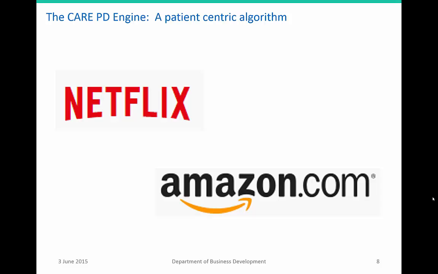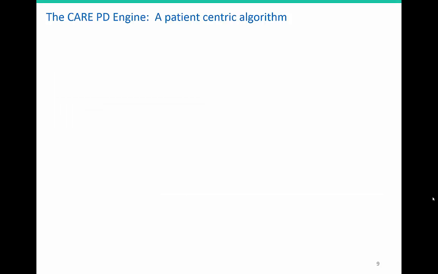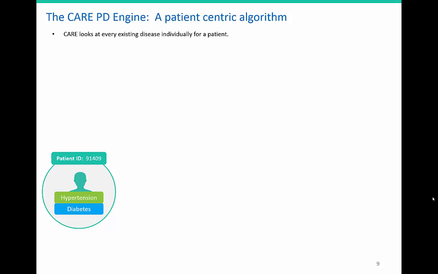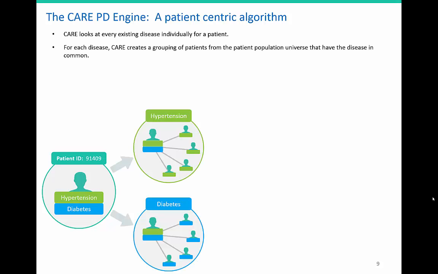The CARE technology and algorithms do something similar. So let's take a look. CARE looks at every existing disease for an individual. So here's patient 91409 with hypertension and diabetes. For each of these diseases, CARE then creates a grouping of patients from the entire patient population universe that have the same two diseases in common.